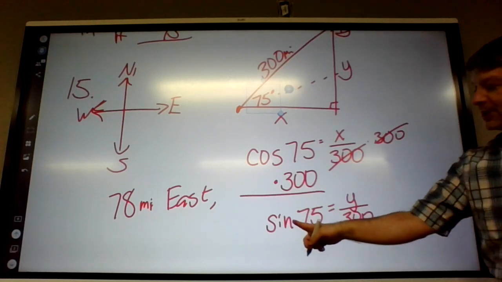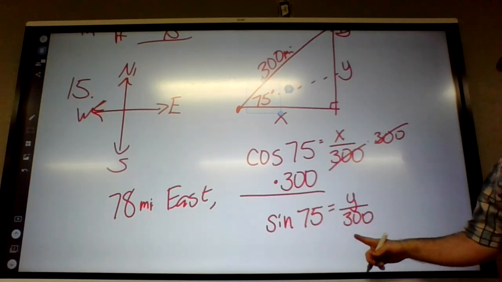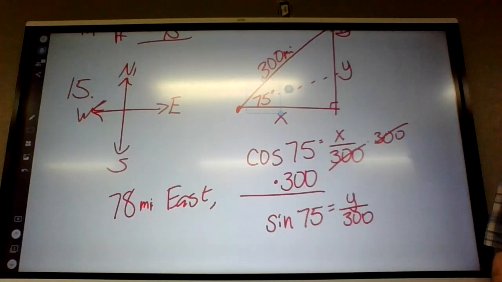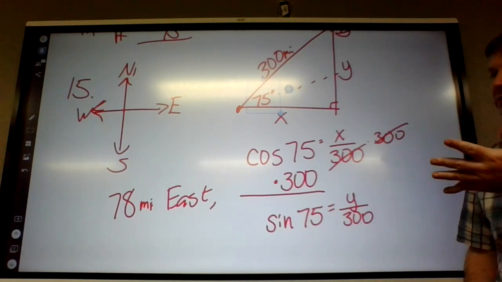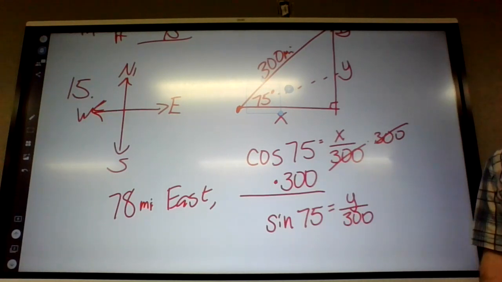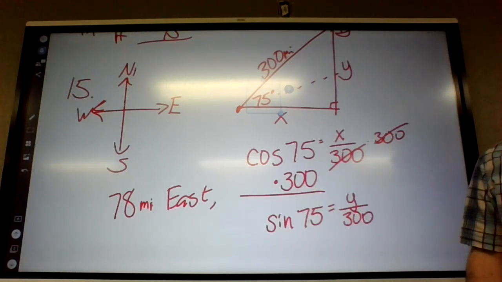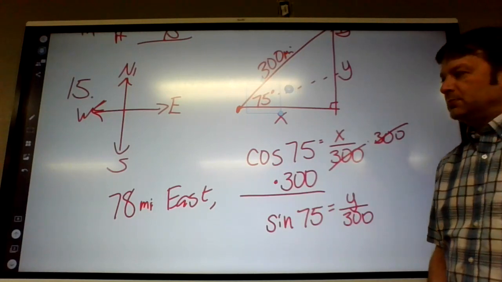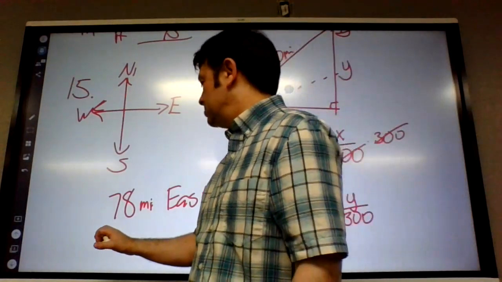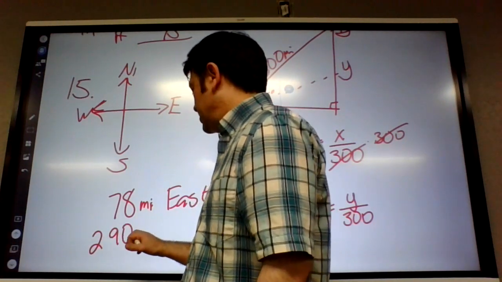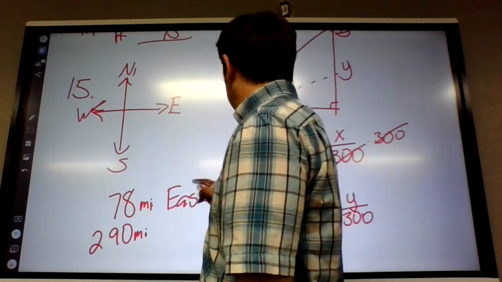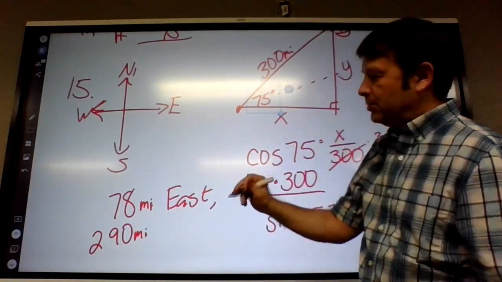It's almost the same thing, but this time it's sine of 75 times 300. Okay, hit the SD button, round it to the ones place. Standard to decimal, 289.8, which rounds to 290. Yeah, 290 miles north.